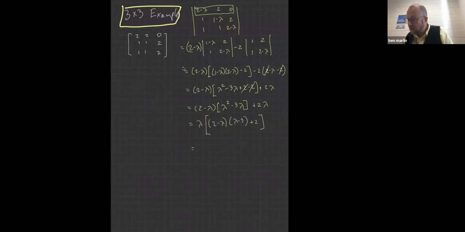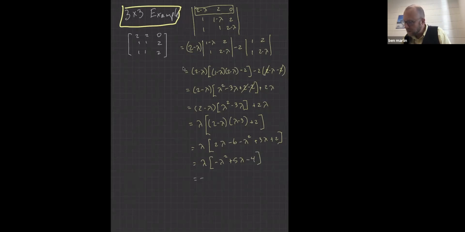Okay, so lambda times, all right, 2 lambda minus 6 minus lambda squared plus 3 lambda plus 2. Oh, that's a mess. So lambda times minus lambda squared plus 5 lambda, and then is it minus 4?